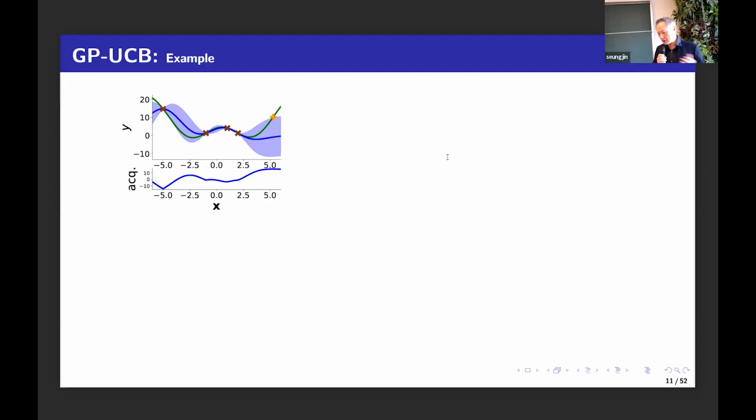So, for instance, this is an example of finding the global minimum. Initially we have 4 points, which are denoted by the brown crosses: here, here, here, and here. That's the initial set of data. Then we do the Gaussian process regression.